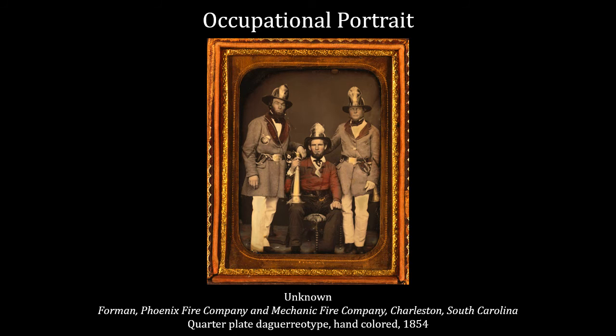So some of the colors might fade away in some areas. You can see the man in the red jacket has these splotchy areas that might not have been applied as well. It's faded away. And keep in mind that this photograph is from 1854.